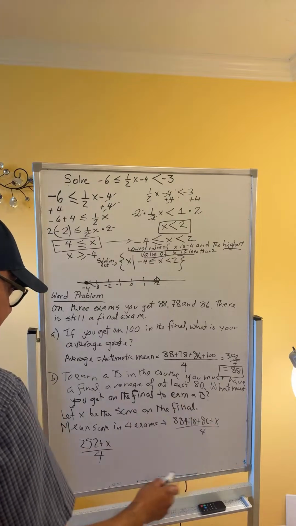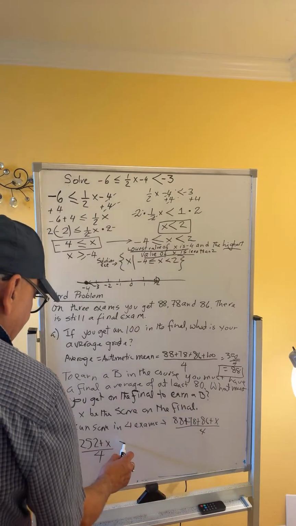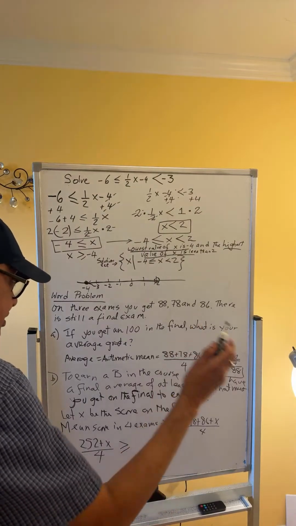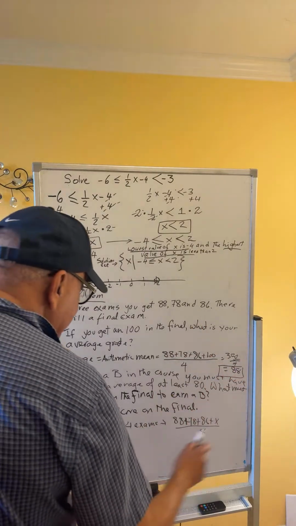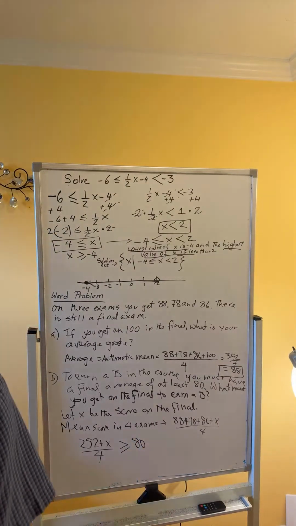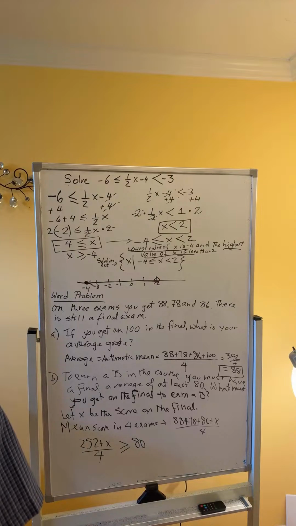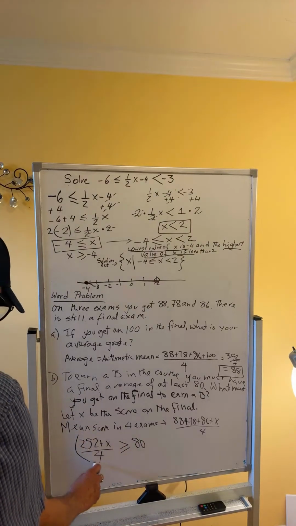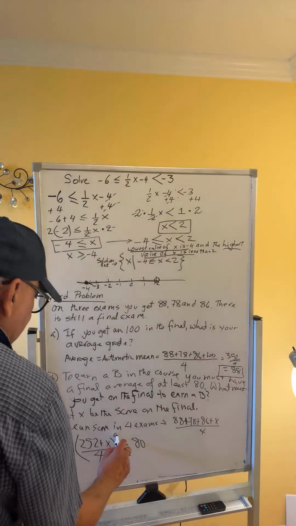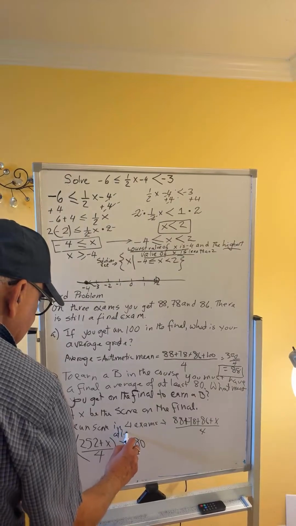The lowest score is 80 to get a B. So this is your inequality, greater than or equal to, because the lowest score has to be 80 to get a B. So you have to solve this inequality. Okay, so how do you do that? So this is divided by 4, and greater than or equal to means at least 80.